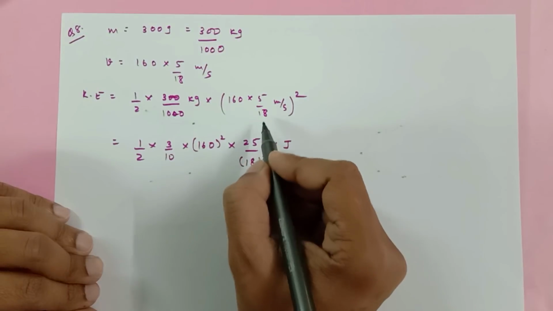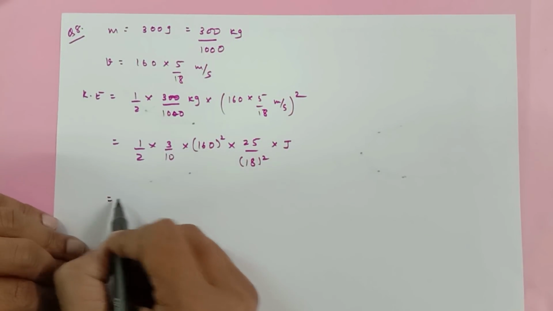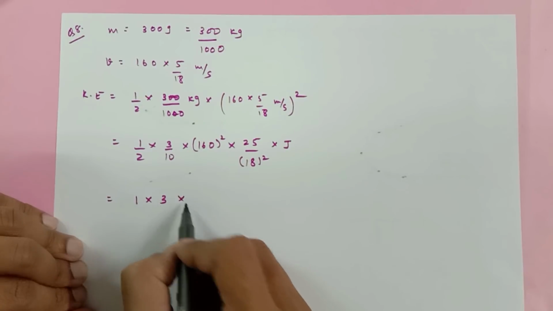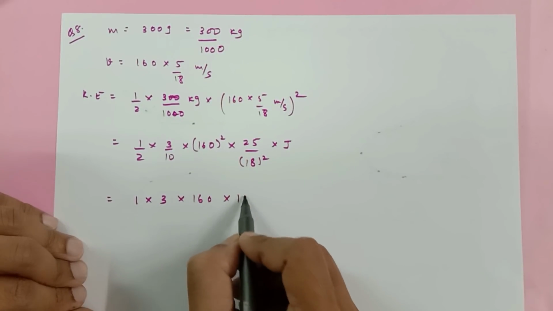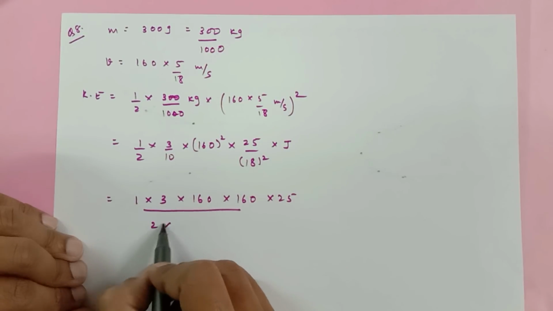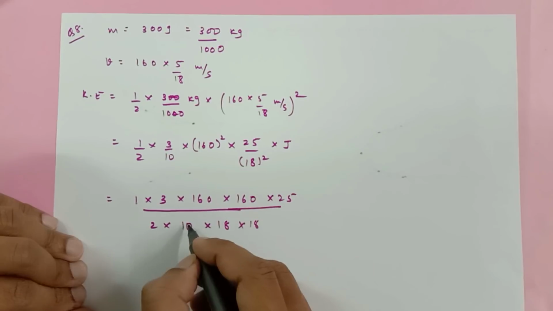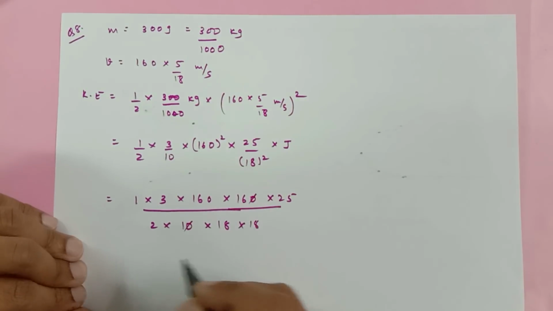Now this is equal to 1 into 3 into 160 into 160 into 25 upon 2 into 10 into 18 into 18. Right, people? So this 0 and this 0 getting cancelled.